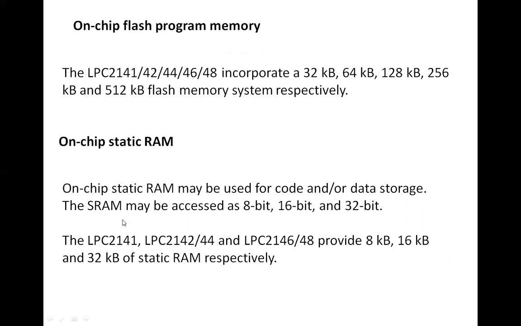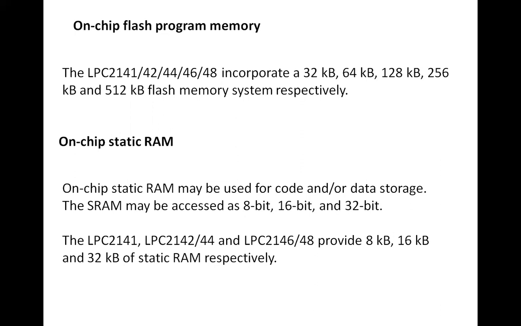Similarly, it has on-chip static RAM, either 8-bit, 16-bit or 32-bit. Its purpose is to store data as well as code. Generally 8 KB, 16 KB or 32 KB static RAM is available. Memory selection totally depends on the programmer, designer, manufacturer or the applicant, those who are utilizing that controller.